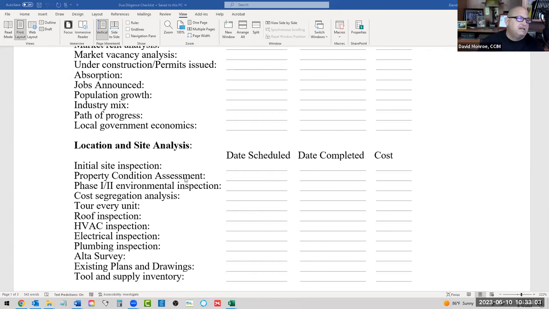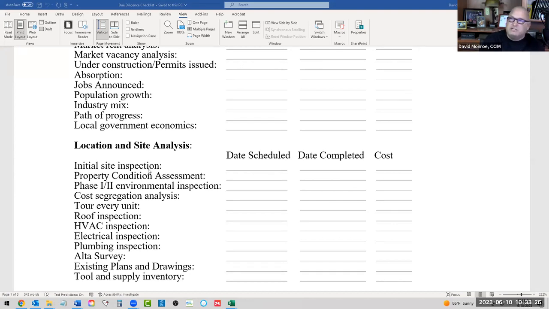Property condition assessment. If you're doing Fannie, Freddie, agency, some other permanent lenders are requiring this now, but primarily Fannie, Freddie, they will require a property condition assessment. Do not rely on the condition assessment in lieu of your on-site inspection. Your on-site inspection has priority.